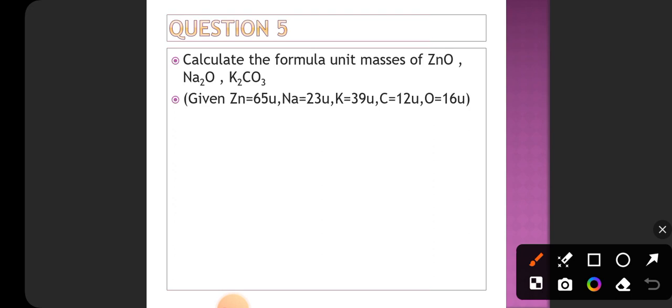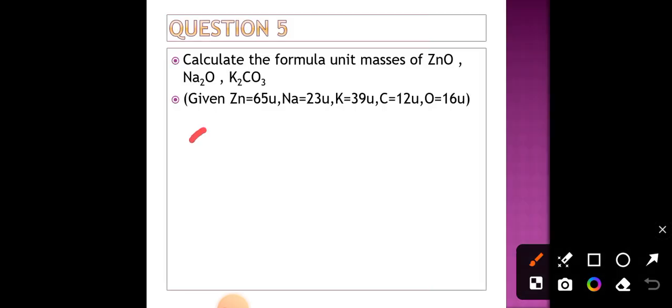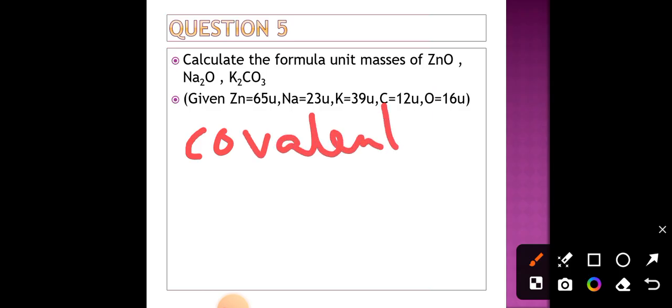So now let me also tell you, students, the difference between formula unit mass and molecular mass. For molecular mass, we're always considering covalent compounds. Okay, means a molecule which is formed by sharing of electrons, covalency. Only for such compounds we give them the name molecular mass.